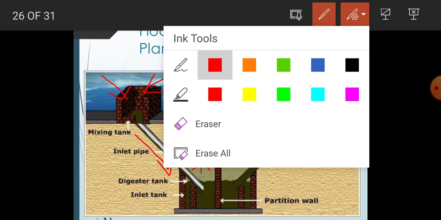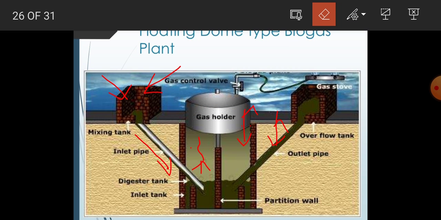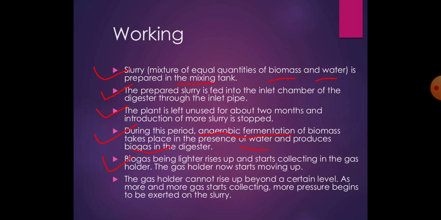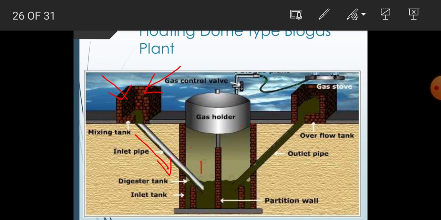Before collecting, if the gas holder is empty, it would be in the downward position.